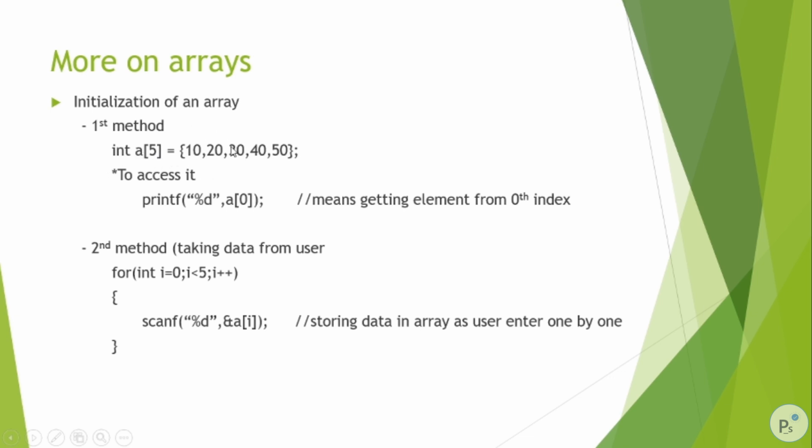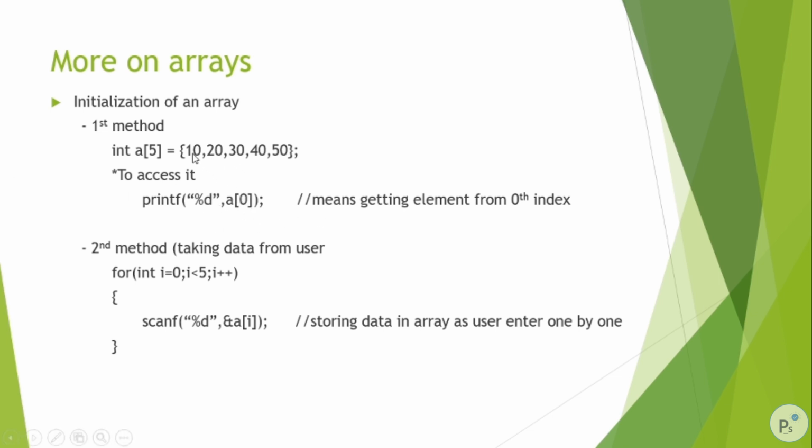To access each element, we can use printf("%d", a[0]), where 0 is the index, as I talked about in the previous slide where the image indicates the index of each variable stored in the array.